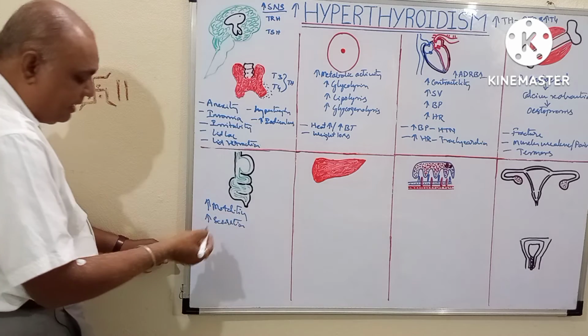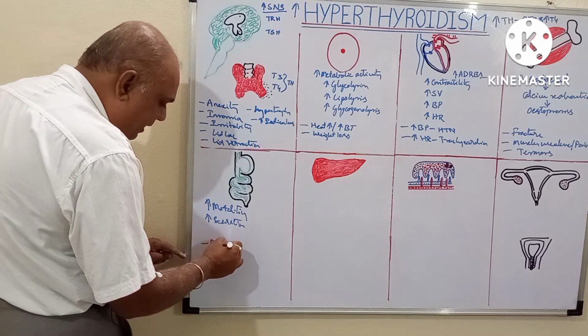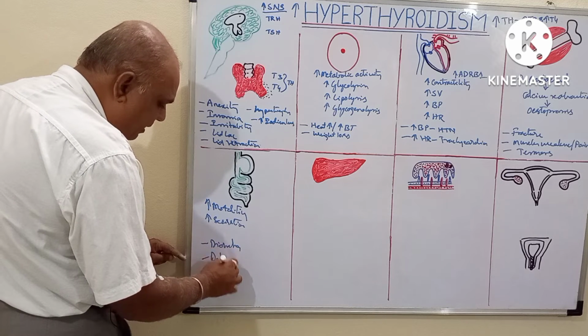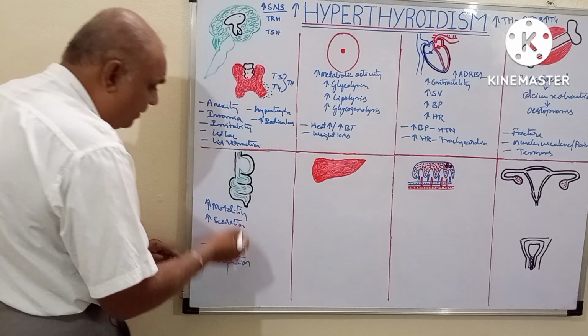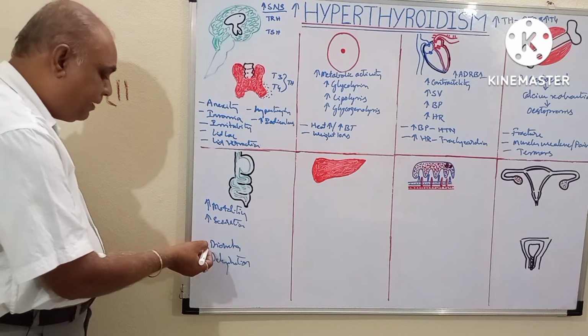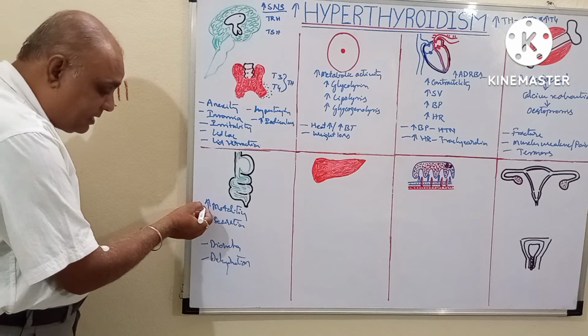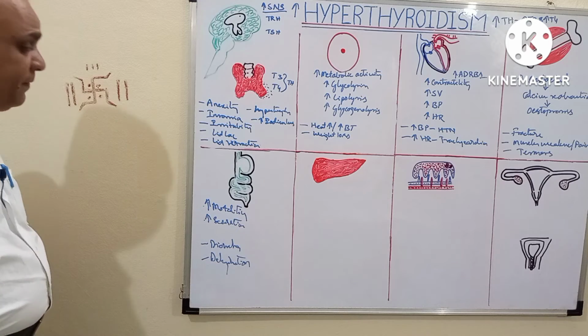When the motility and secretion increase, that may lead to diarrhea and dehydration. In hyperthyroidism, patients frequently complain of diarrhea and dehydration due to the increased motility and secretions of the GI tract.